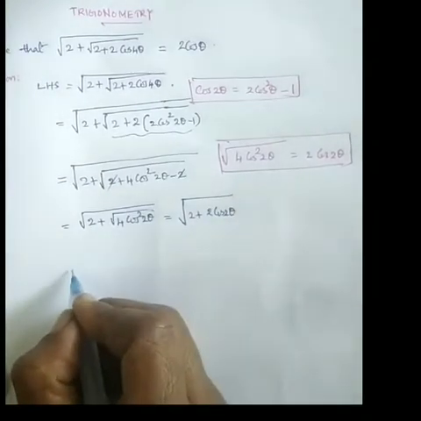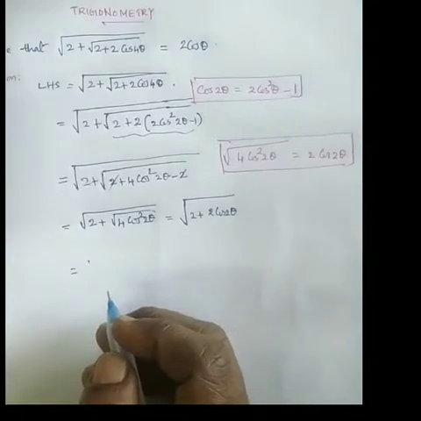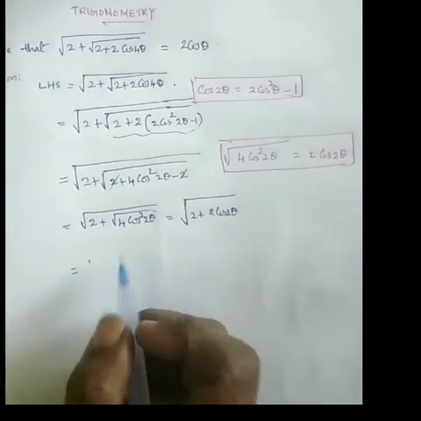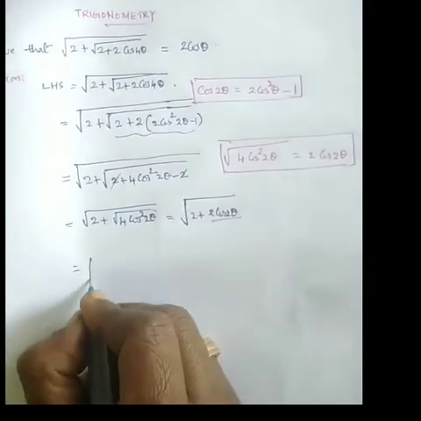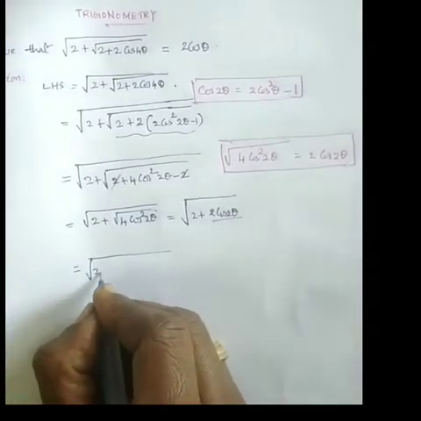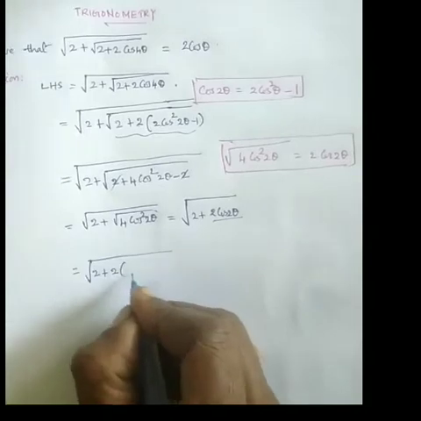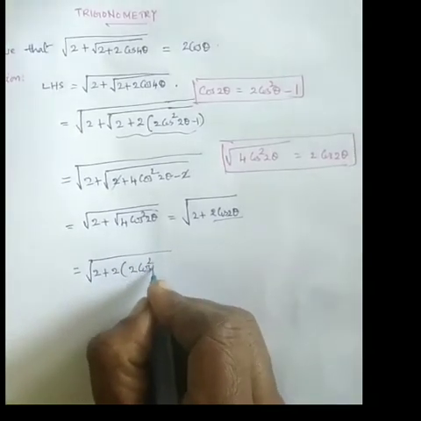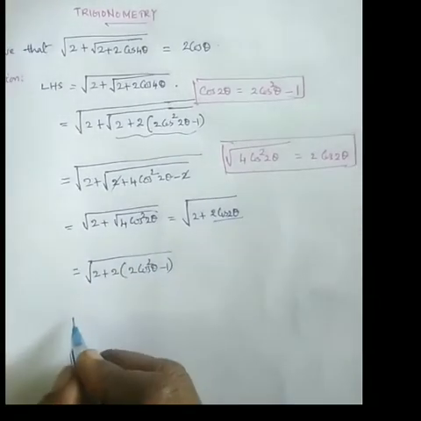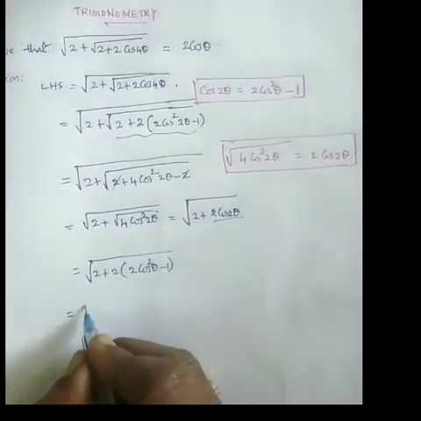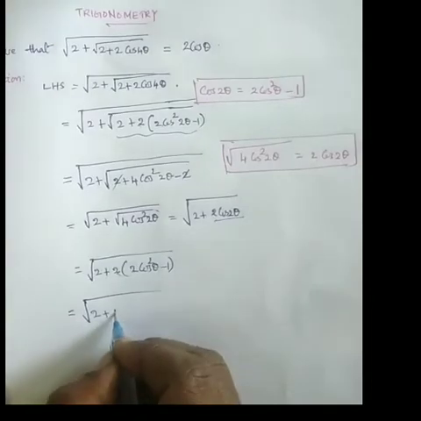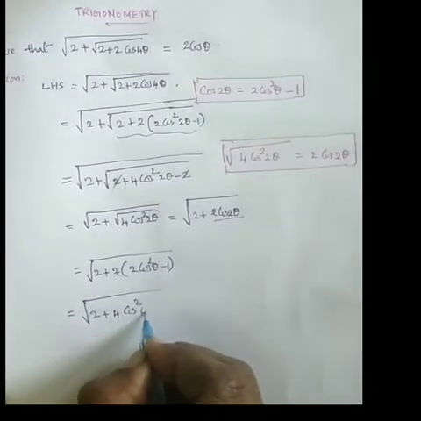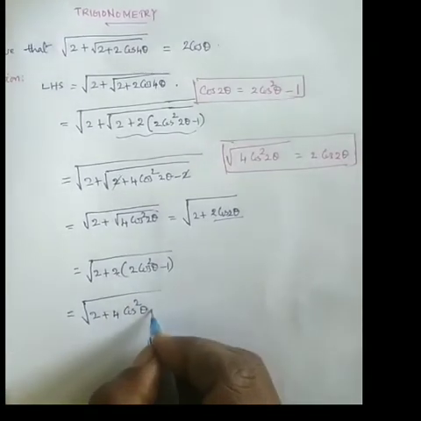Again we are using this identity. Here we get square root of 2 plus 2 into 2 cos square theta minus 1, which is equal to square root of 2 plus 4 cos square theta minus 2.